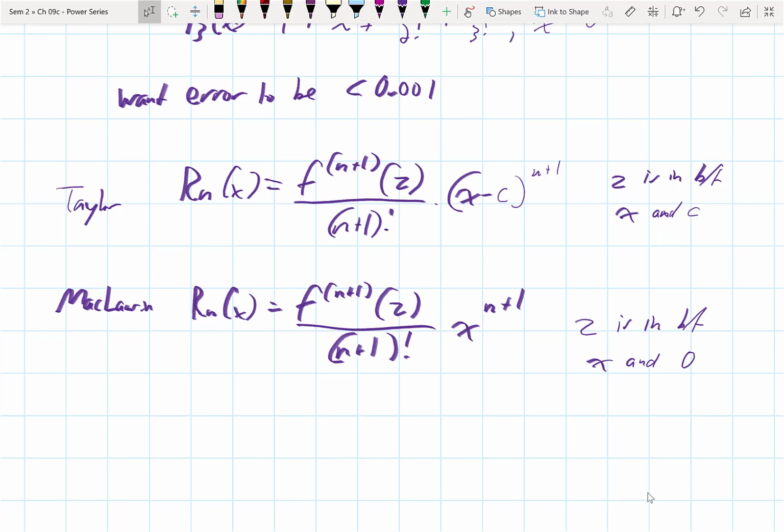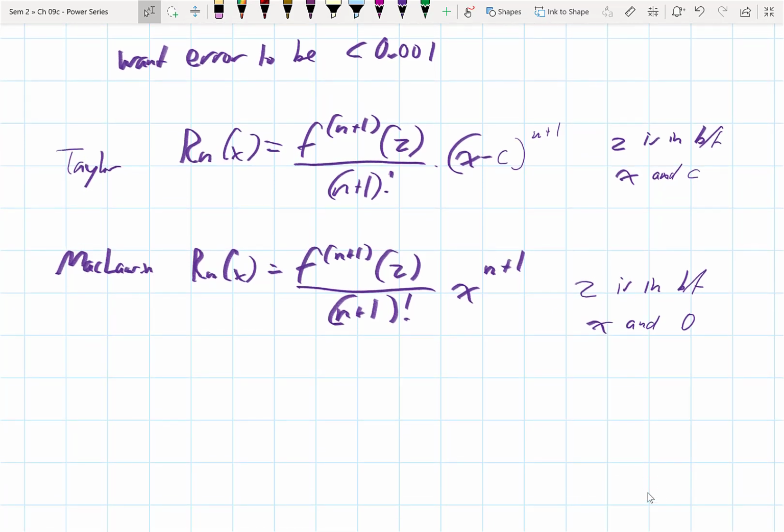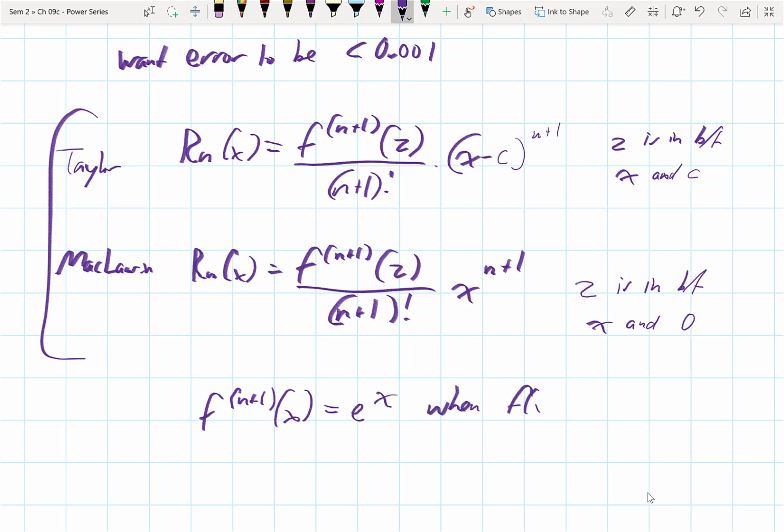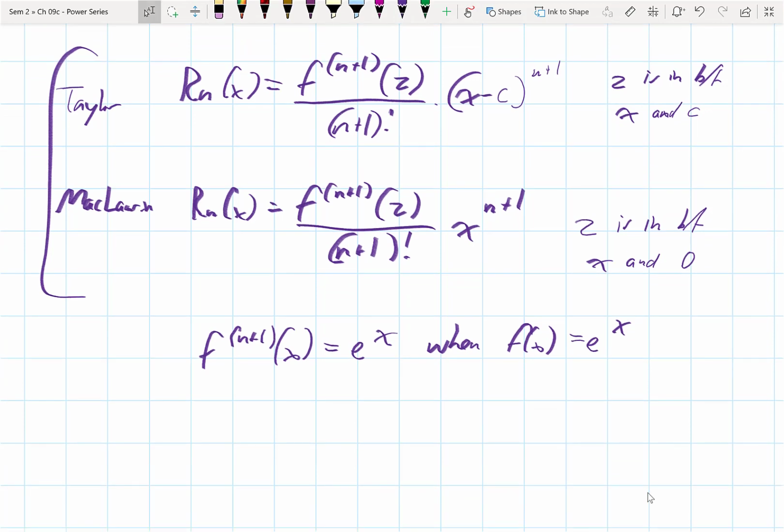Okay, so let's keep this going. What else do we know about our special case? Well, I know that f to the n plus 1 of x equals e to the x when f of x equals e to the x. So that right there is crucial. If I'm talking about e to the x, then no matter what derivative I'm talking about, we have it.